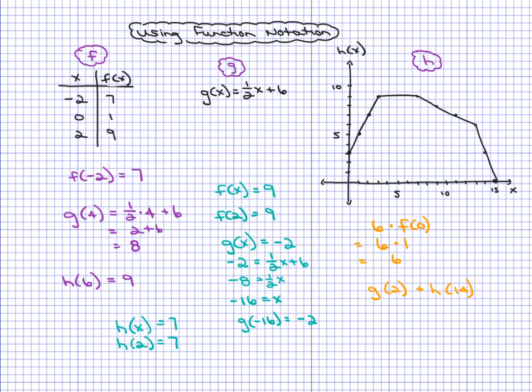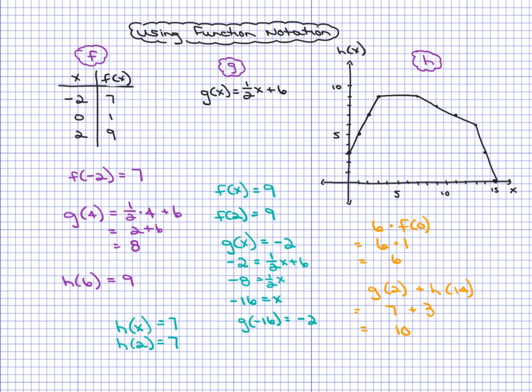If I input 2 into my function g, 1/2 times 2 is 1, plus 6 is 7. So that evaluates to 7. And for h of 14, when I input 14, this function outputs 3. So notice with the order of operations, we evaluate the functions first, and then we add their outputs together, and that's equal to 10.